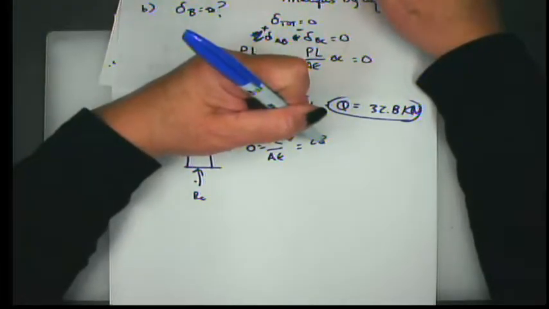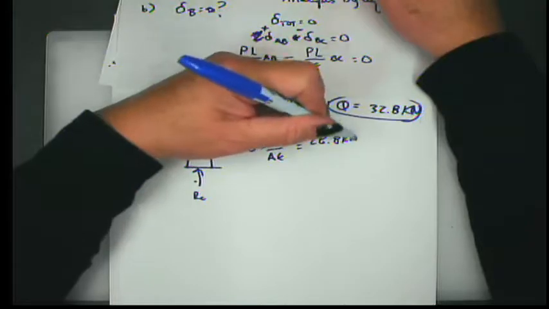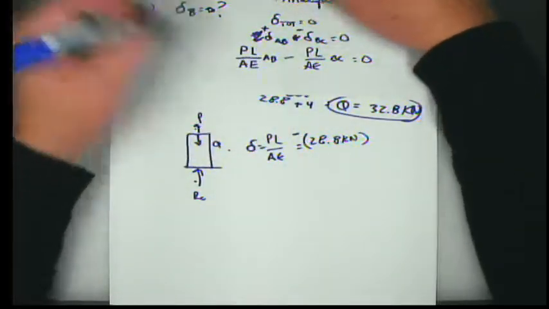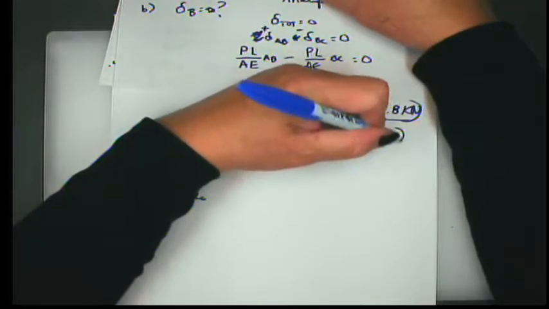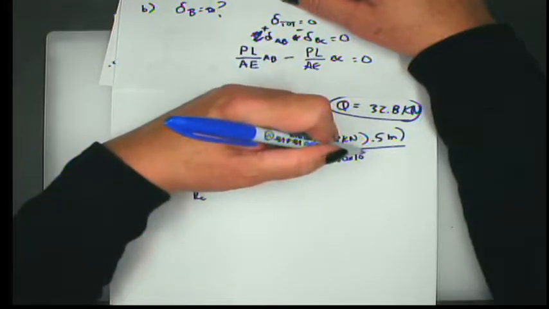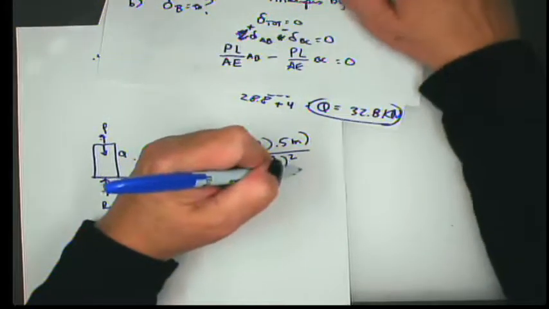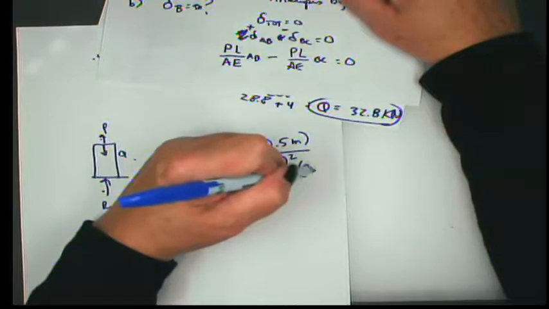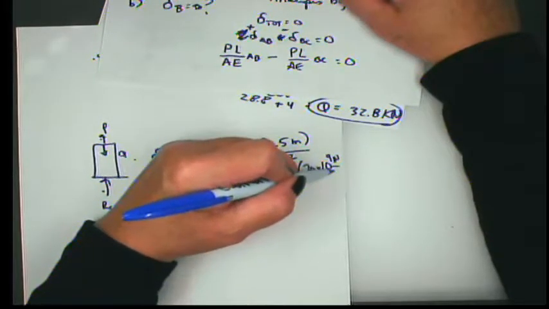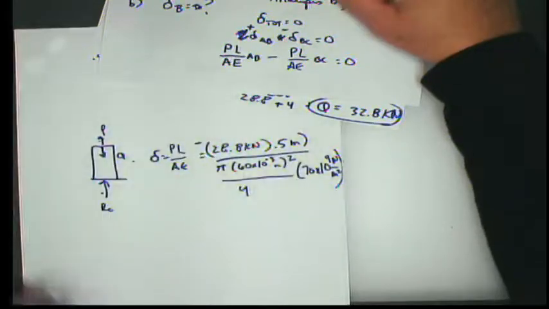So 28.8 kilonewtons times, and this is going to be negative, isn't it, because we're crunching it, 0.5 meters over the cross-sectional area, which is pi d squared over 4 times E, which is 70 times 10 to the 9th pascals, which is a Newton per meter squared.